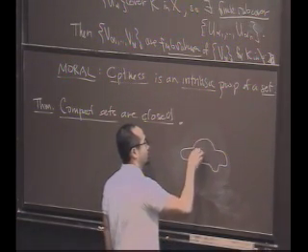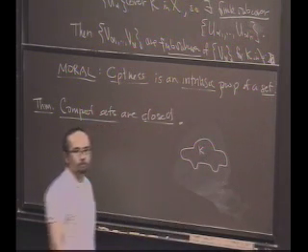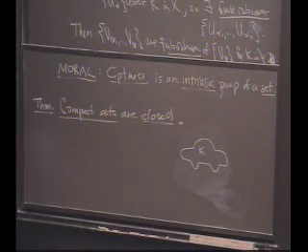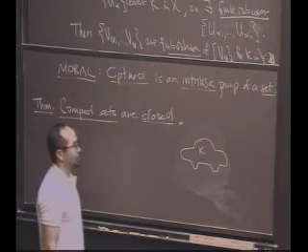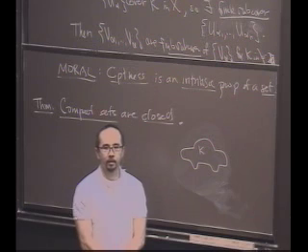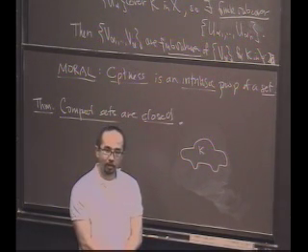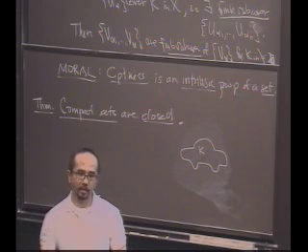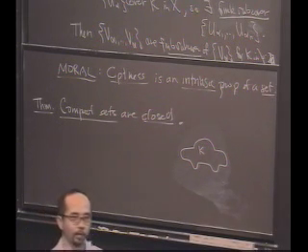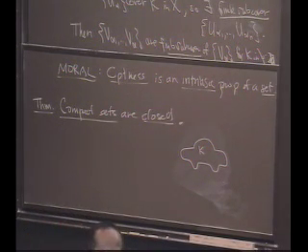So here's K. Now, how do I show that this set is closed? What's one way I could try to do this? Well, what does it mean to be closed? A set is closed if it contains all its limit points, or, alternately, a set is closed if its complement is open.